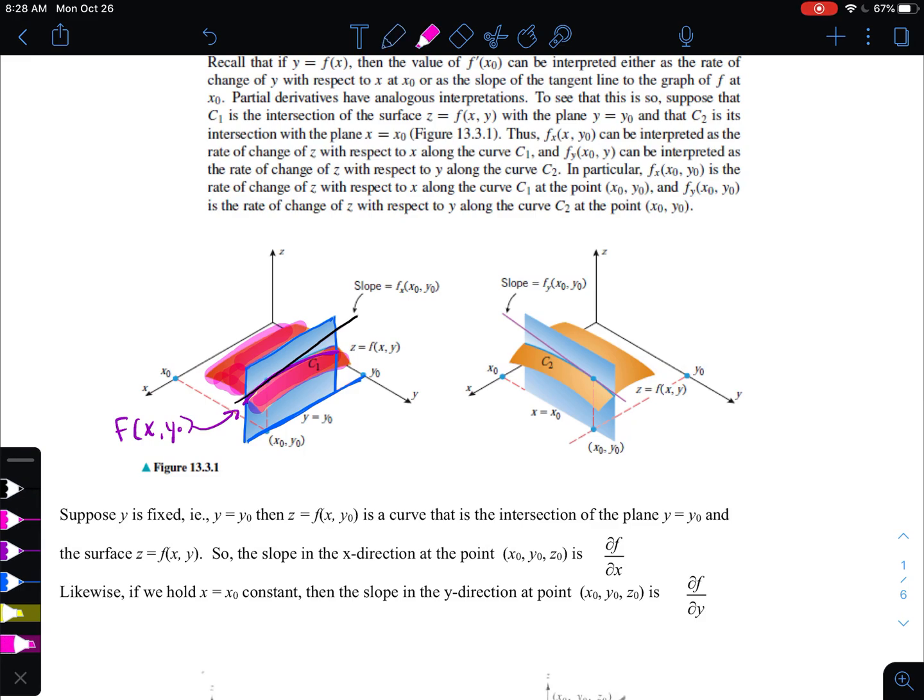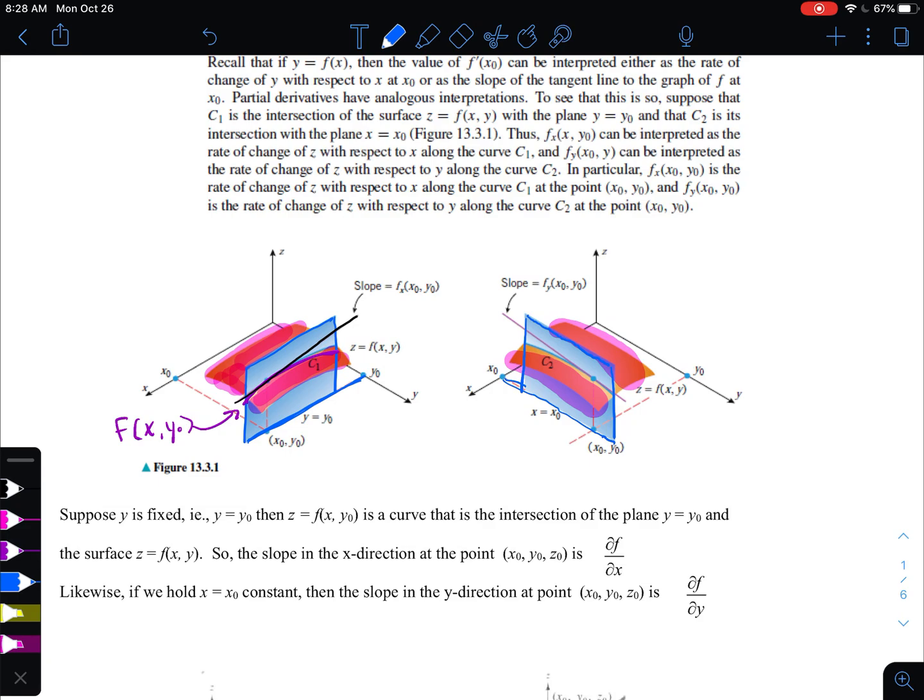Again, we've got some curved surface going on here that I'm highlighting very poorly. And now we'd like to see what happens when we set x to be equal to a constant. Well, that creates a line in the xy plane, which when we extrude it becomes a plane that cuts our surface down.